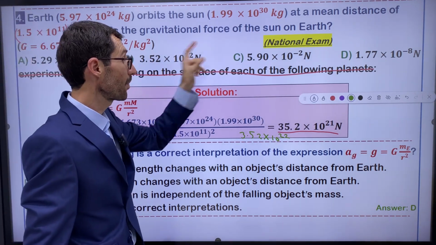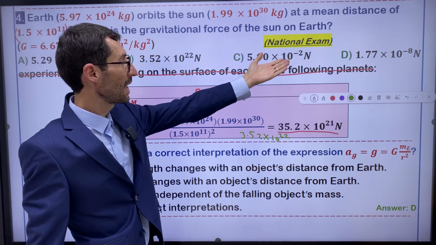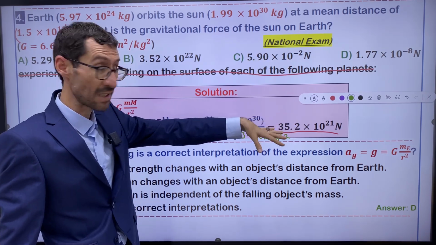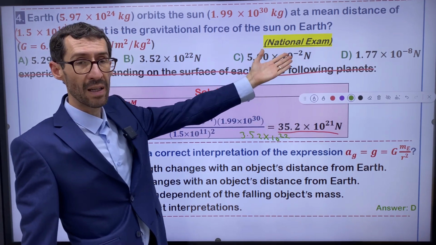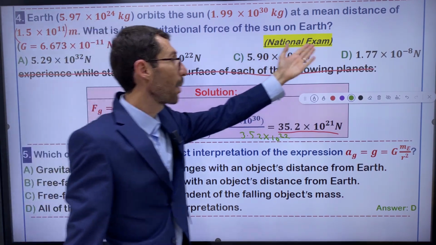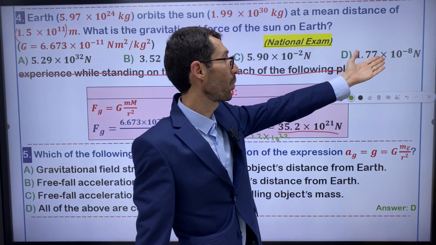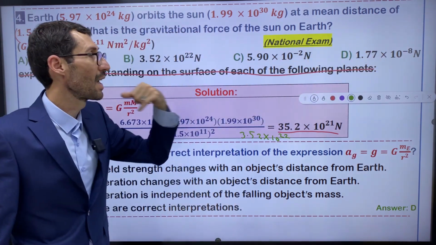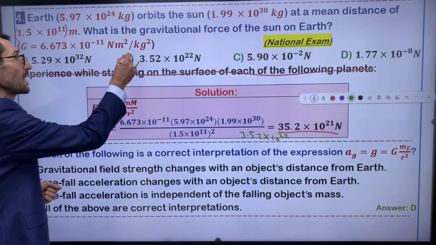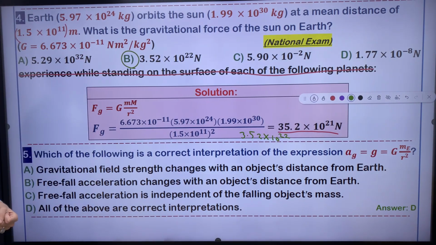About C, actually, C can't be because the answer is very far from our answer and the exponent is negative. About D as well, we have the negative exponent. So this answer is true, right?